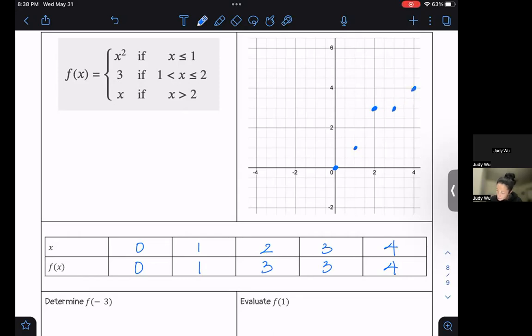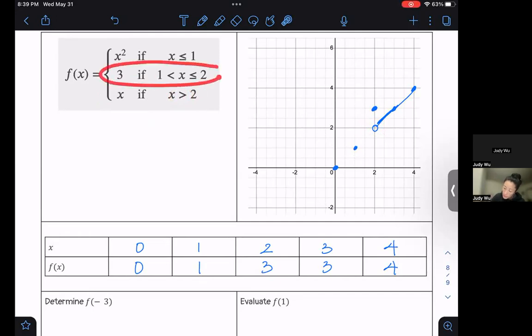But that, my friends, is only from 3 to 4. But technically, if I had picked like 2.1, I would still get 2.1 out, all right? So it turns out that it gets all the way to here, but because this is a greater than, we have an open circle here, all right?